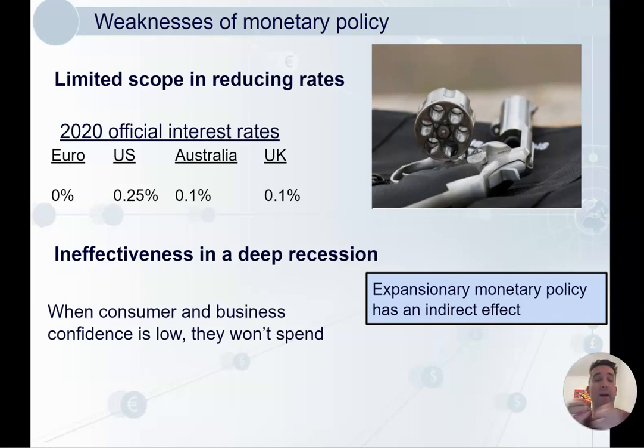I have to want to spend the money. But if I'm not very confident, if I think I'm going to lose my job, I'm not going to spend money. If a business thinks they are going to go out of business, they're not going to spend money investing. So when confidence is low, sometimes expansionary monetary policy just doesn't work.